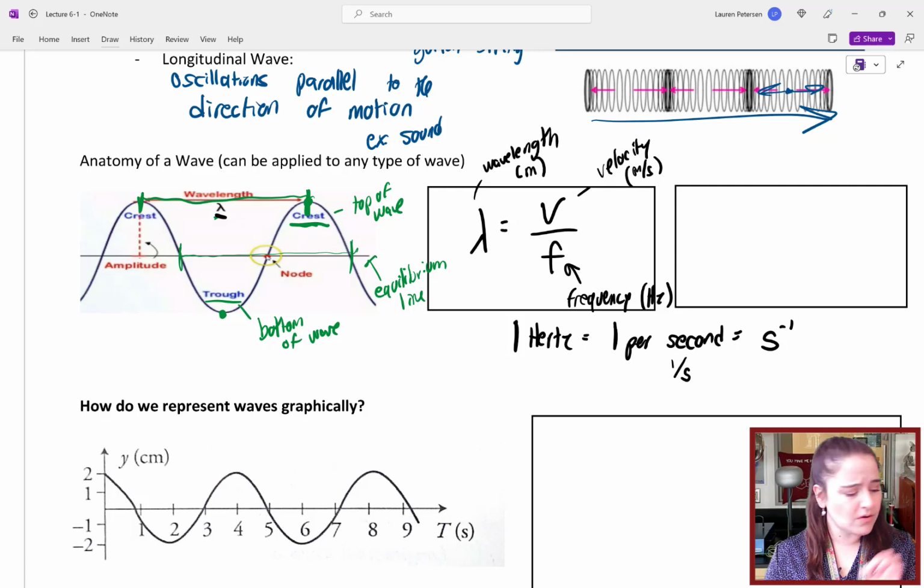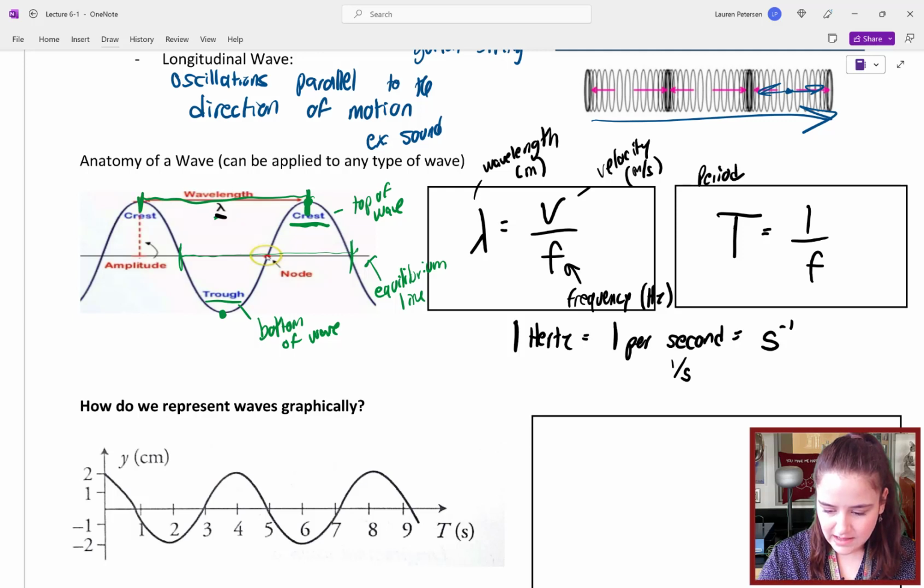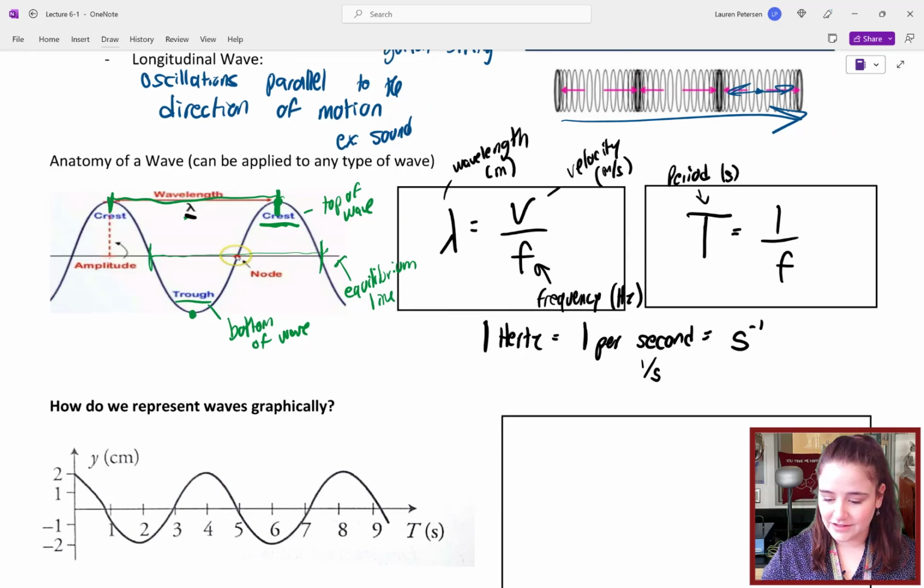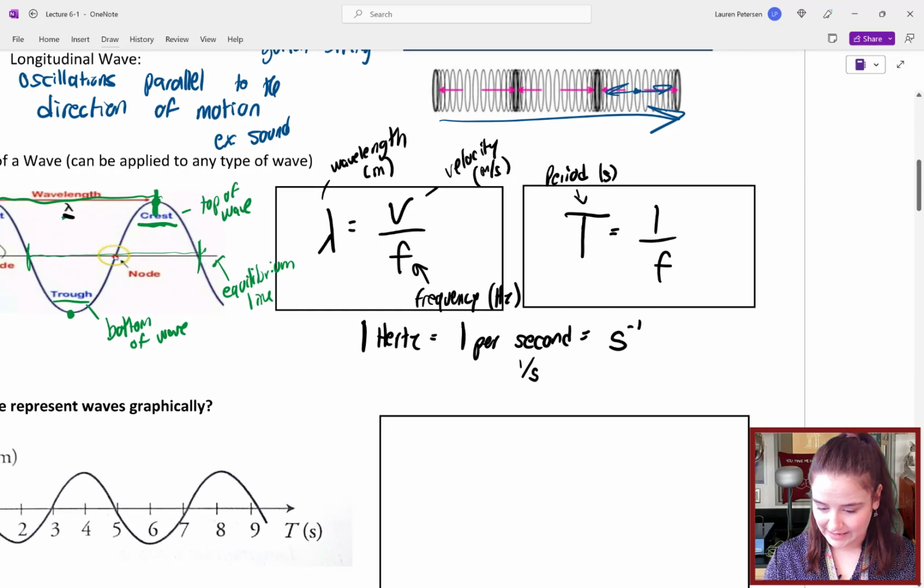Back in mechanics, we related the frequency to the period by the equation T equals 1 over f, where T is the period, or the time for one wave, and frequency is the waves per second.